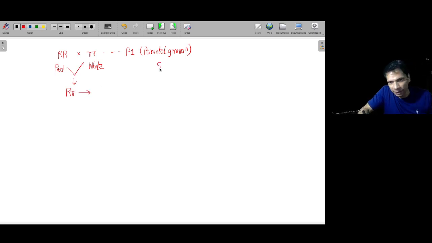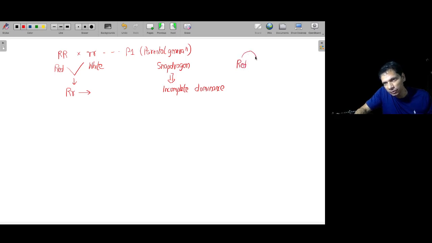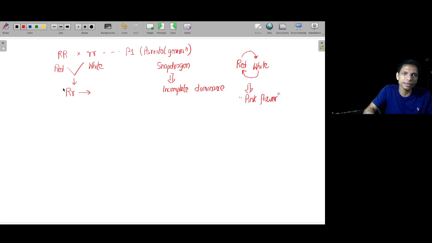In Snapdragon, you need to know there is a concept called incomplete dominance, where neither red is dominant over white, nor white over red. So when they're together, they give rise to a pink flower. This is the hybrid we are getting in the F1 generation, and this is very, very important.